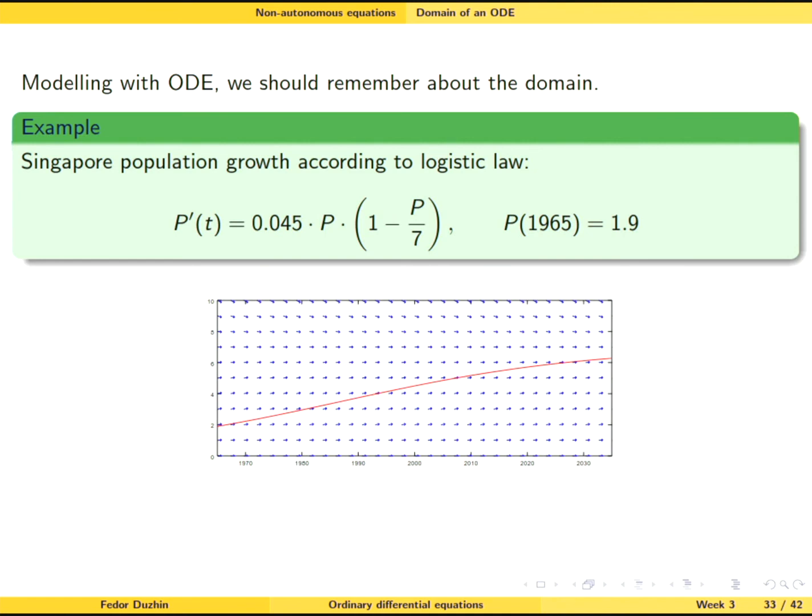Here, note that I assume that the carrying capacity of Singapore is 7 million. There is no reason to say that it's just some number. Well, but Singapore history started in 1965, so if t is time measured in years, then the initial point is p of 1965 is 1.9 million. Right?